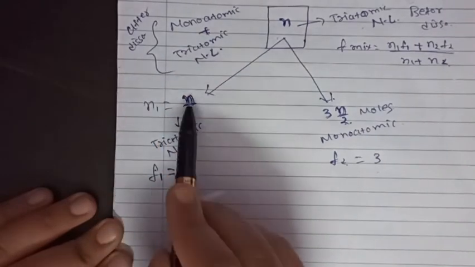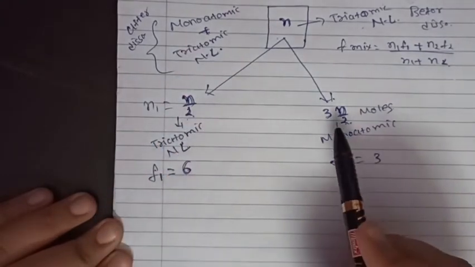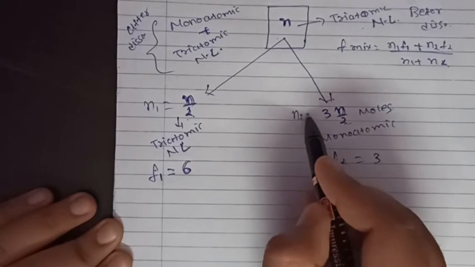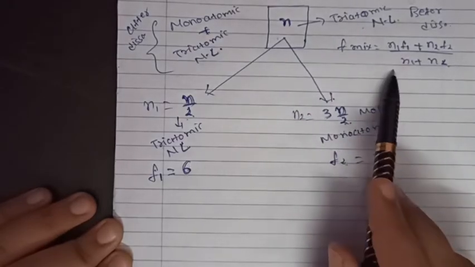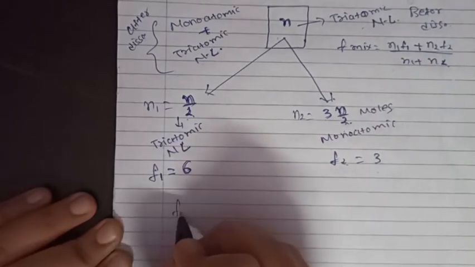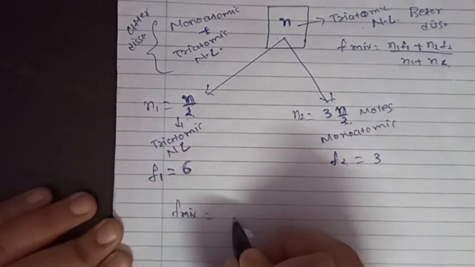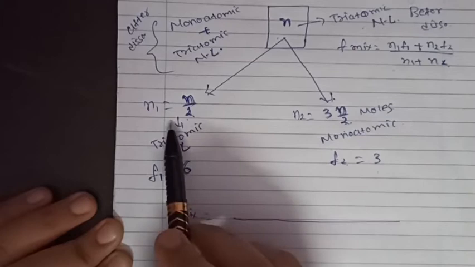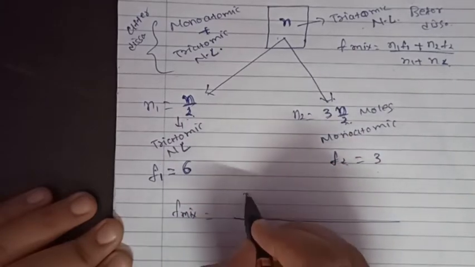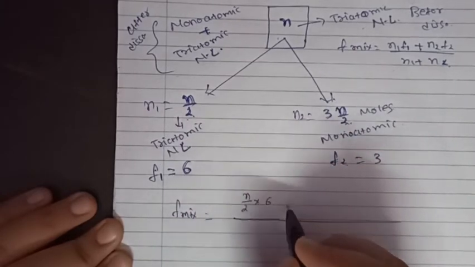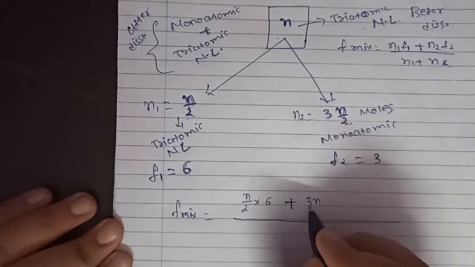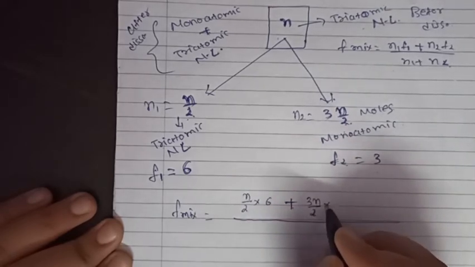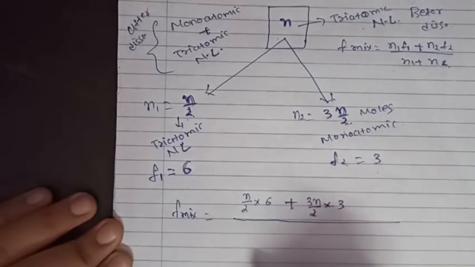N1 is equal to N by 2 and N2 is equal to 3N by 2. Put all these values in this formula. So F mixture will be N1F1, that is N by 2 into 6 plus N2F2, that is 3N by 2 into 3 divided by N1 plus N2.